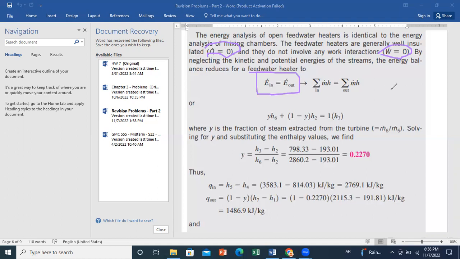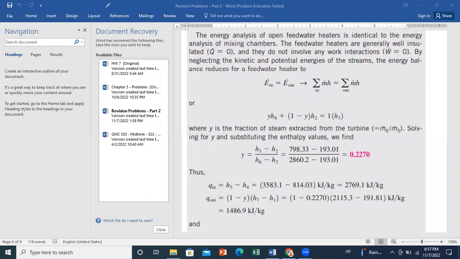As we mentioned, we have two inlets. One is coming from the fluid leaving the turbine at an early stage, and the other will undergo complete expansion in the turbine, then go through the condenser.